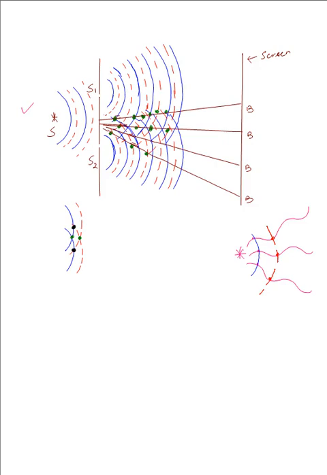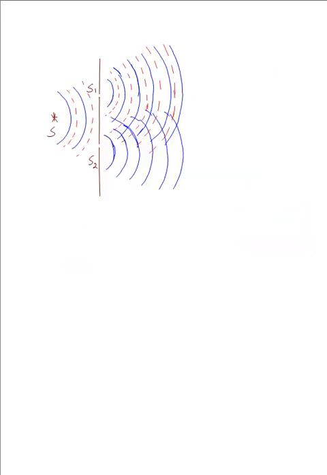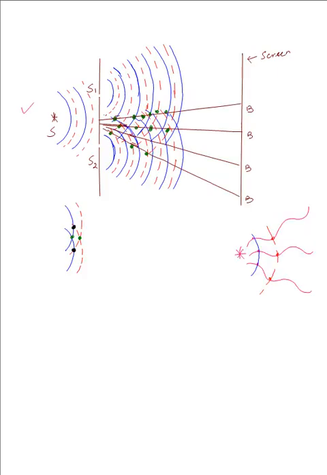Now, as I had also mentioned in my previous video, when we have a crest going over a crest, or a trough going over a trough, that is, they're in phase, that leads to constructive interference.